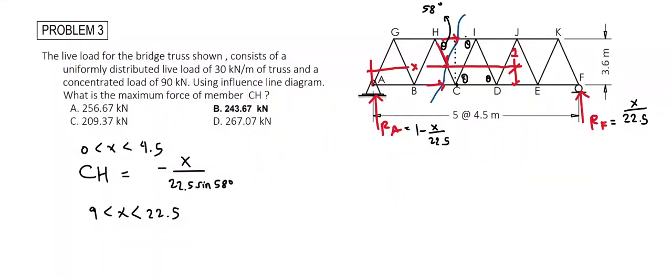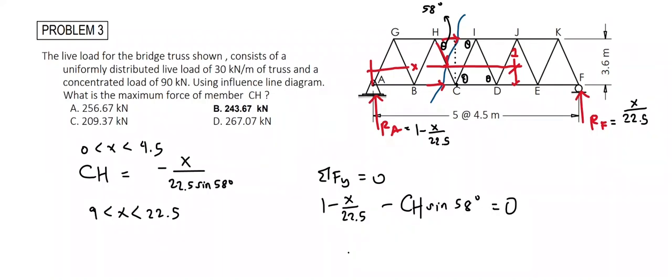Considering the left section and taking summation force vertical equal to 0, we have R sub A, that is 1 minus X over 22.5, minus the force in member CH and its vertical component, that's sine of 58 degrees, all equal to 0. Solving for CH, we have 1 minus X over 22.5 all over sine of 58 degrees.